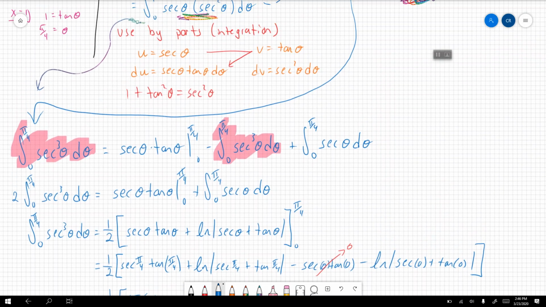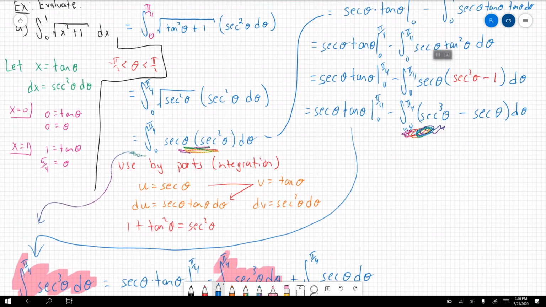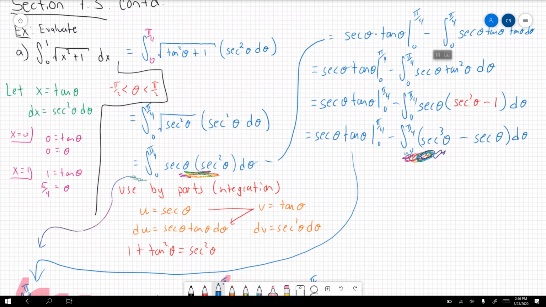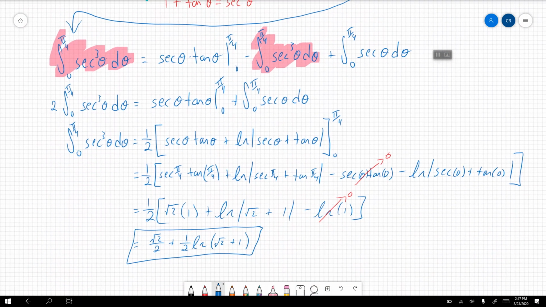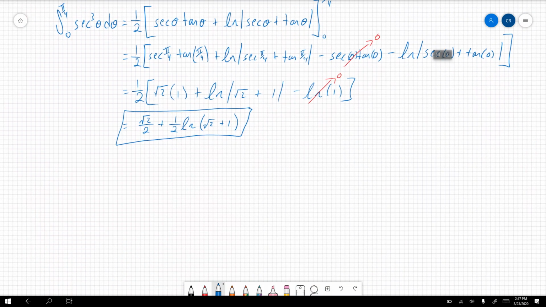But at the end of the day, look at all of the work that went into this integral. It didn't look like it was going to be very tough at the beginning. But with the whole substitution process we went through, we actually get to find out the value for that integral. All right, nice.